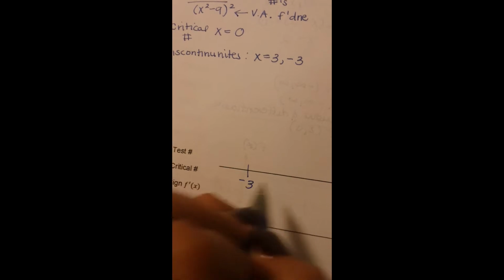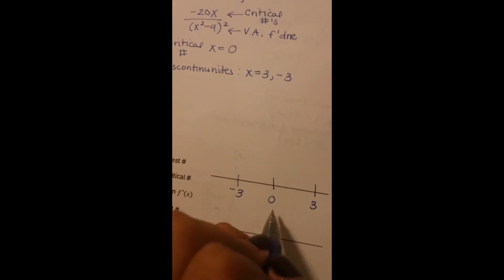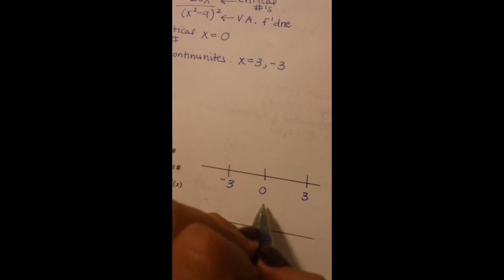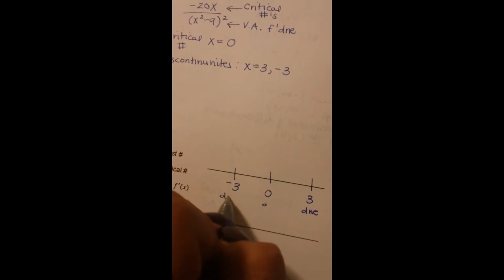For our first derivative test, substitute all these values in, negative 3, 0, 3. We know that at 0 it would be 0, 3 won't exist, negative 3 won't exist either.